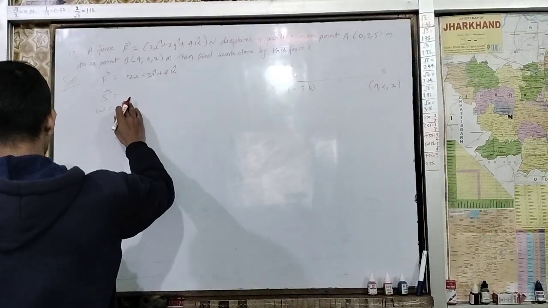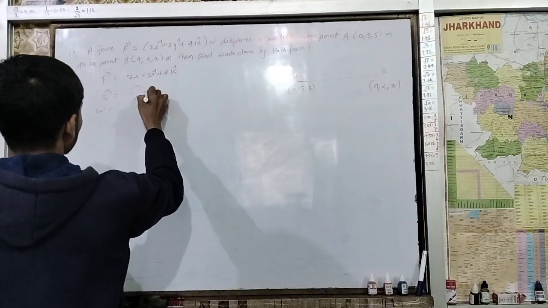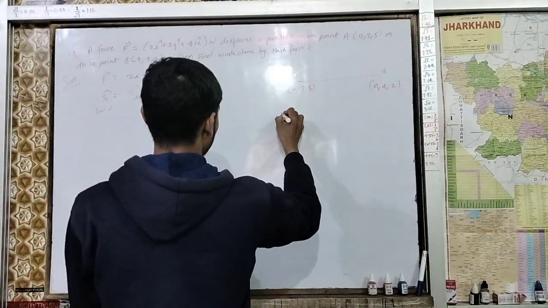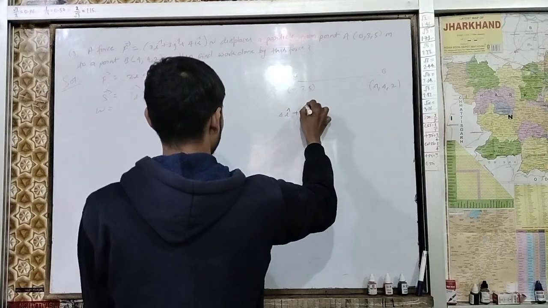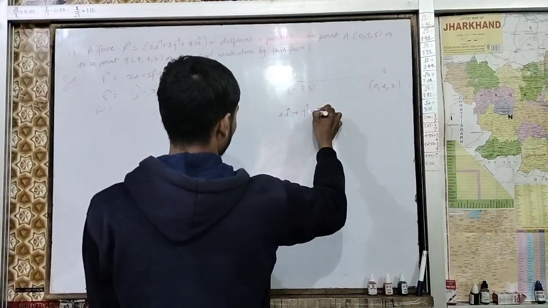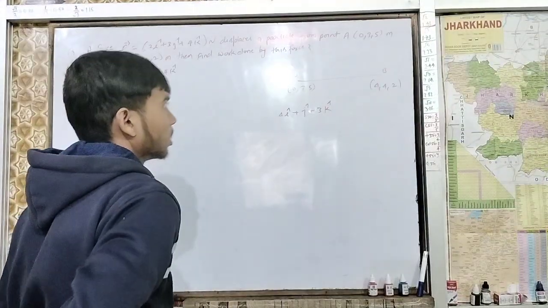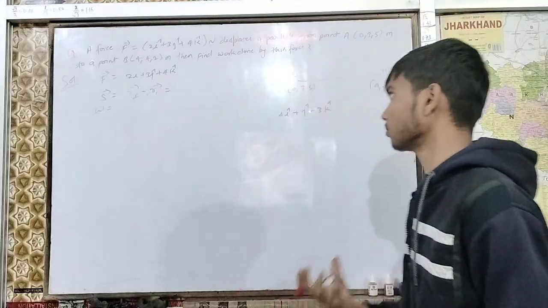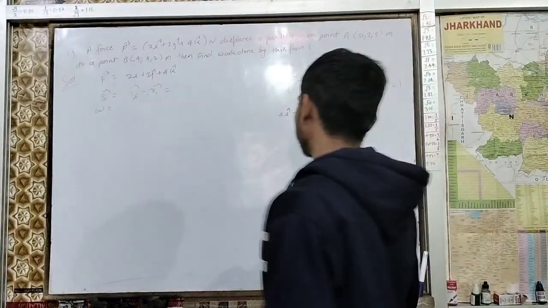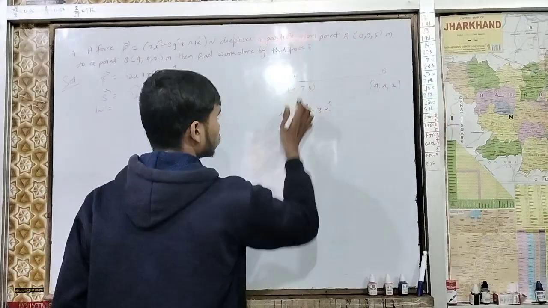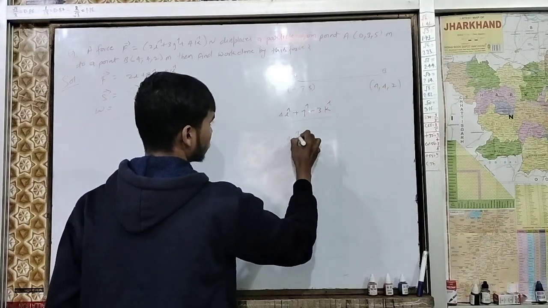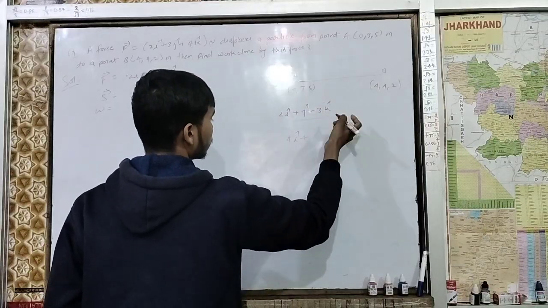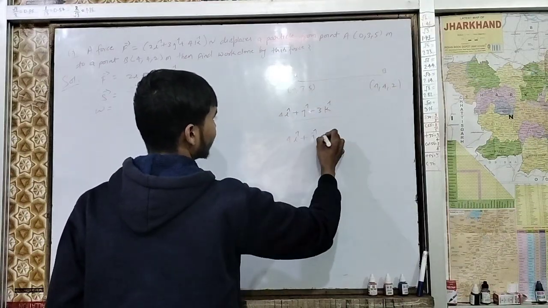Look over here. Displacement is nothing but R final minus R initial. We have to write this displacement in vector form, the reason being that F is given in vector form. So 4 minus 0 will be our 4 i cap, plus 4 minus 3 is 1 j cap, minus 3 k cap.